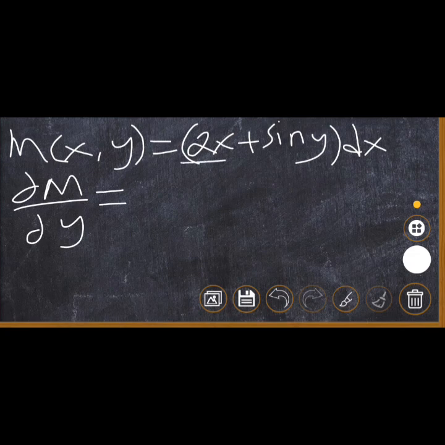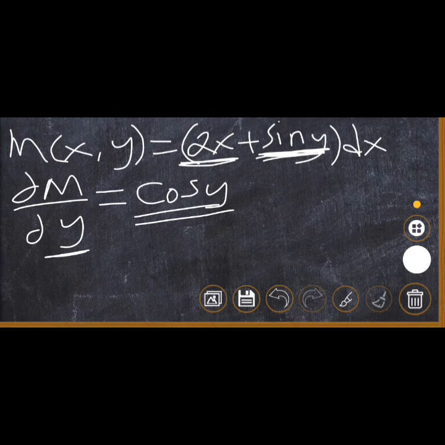Now, this function has x, so we are not going to consider it. We just have to ignore it. So we will differentiate this one which has y, since here we are differentiating the function of m with respect to y. So the differentiation of sine y, of course, is just positive cos y. So we are done.